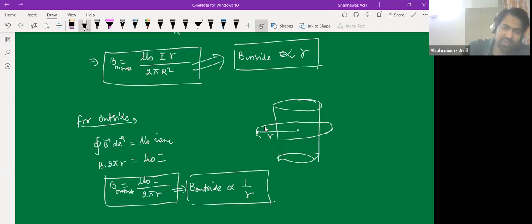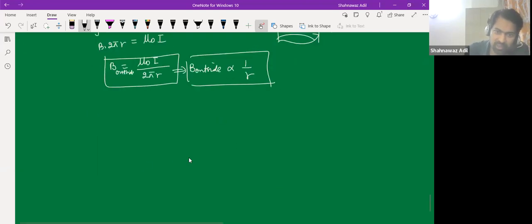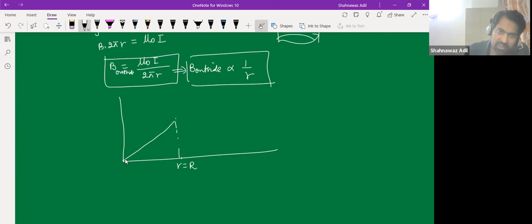If we plot the variation of magnetic field, let's say this is r equal to R. For r less than R, this is inside, so the magnetic field is varying like this straight line, and outside it is varying like this one, like 1 by r.